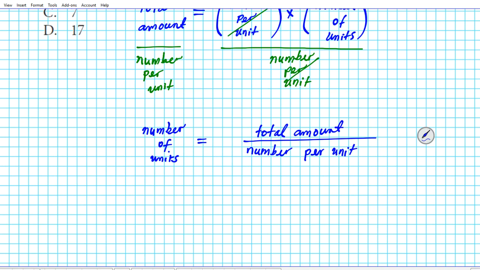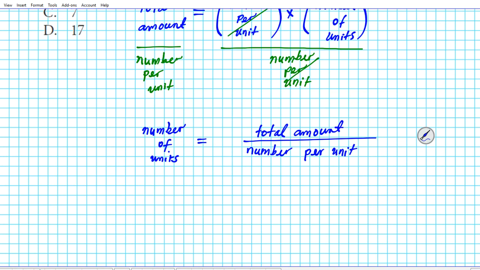Okay, first one is total amount is number per unit times number of units. The next one is number of units is equal to total amount divided by number per unit. And there's still one more, which is number per unit is equal to total amount divided by number of units. Okay, all these formulas are available on our website underneath the Accuplacer Prep tutorials.